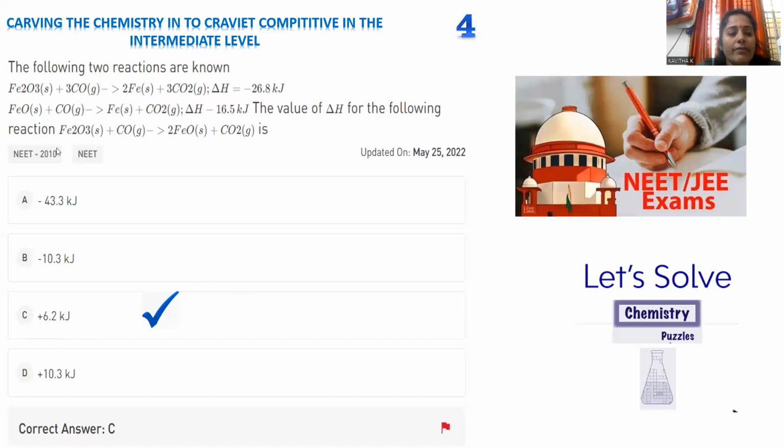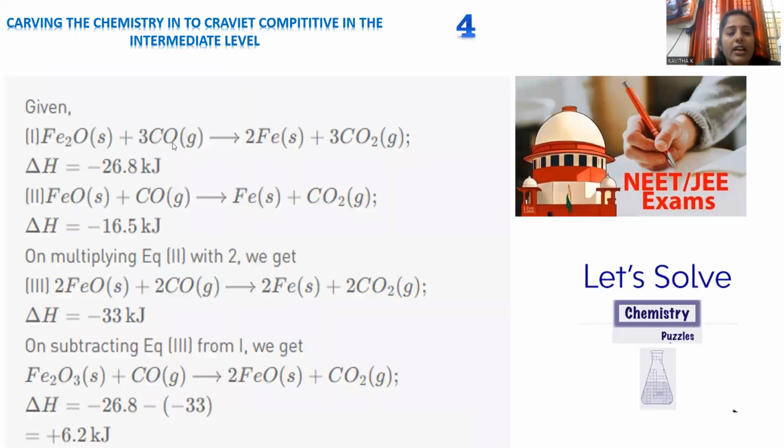Right. So whenever Fe2O3 reacts with 3 CO, 2 Fe plus 3 CO2 will be generated along with the release of 26.8 kilojoules of energy. Ferrous oxide upon treating with carbon monoxide generates iron plus carbon dioxide, with minus 16.5 kilojoules.